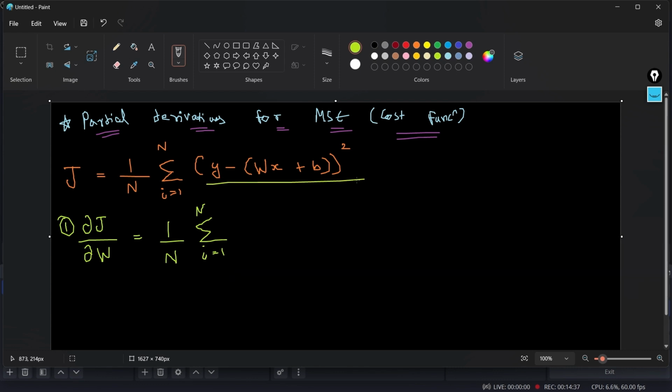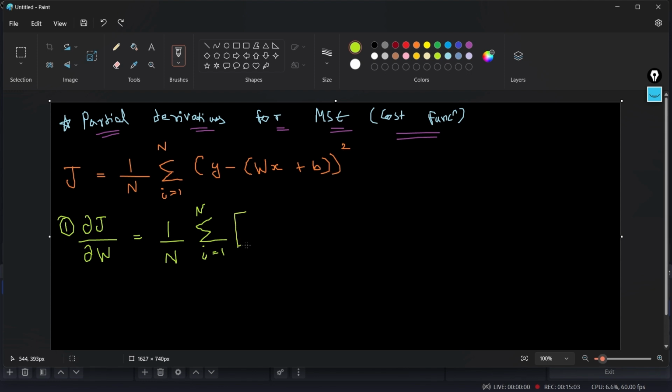Now comes the derivative of this part with respect to W. And remember, it's a partial derivative. So anything apart from W is going to act like a constant. Let's just keep that in mind. So over here, this X and B become your constant. W is the only one independent variable that you're going to think about. And again, this Y is also a constant. So if you go ahead and take a derivative of this, remember there is a power.